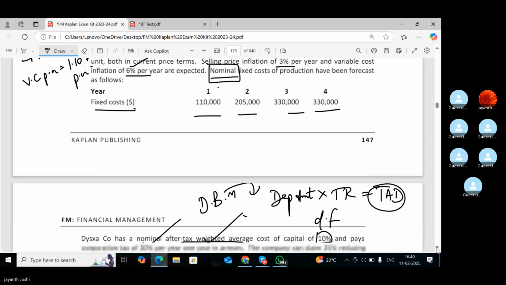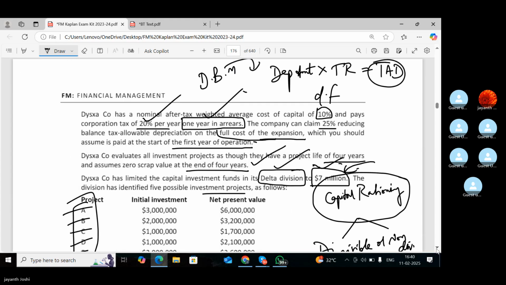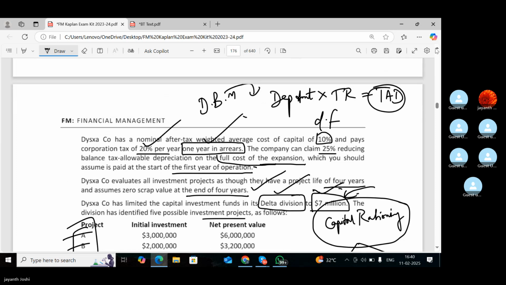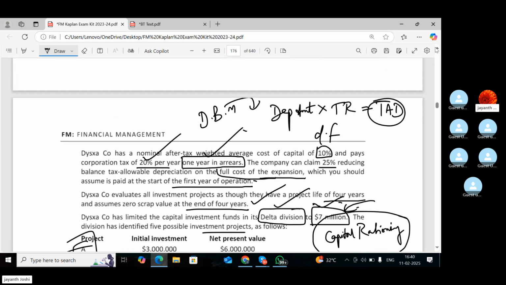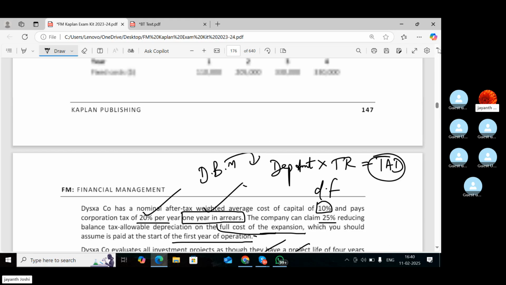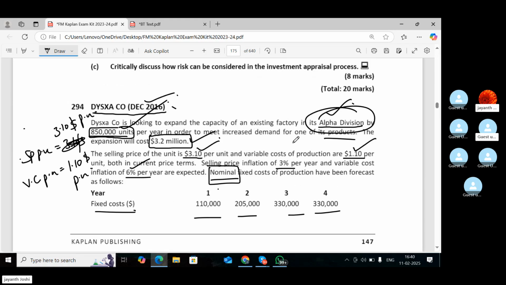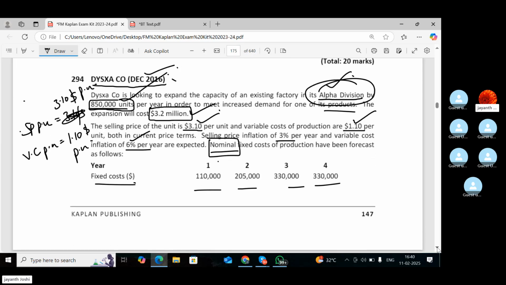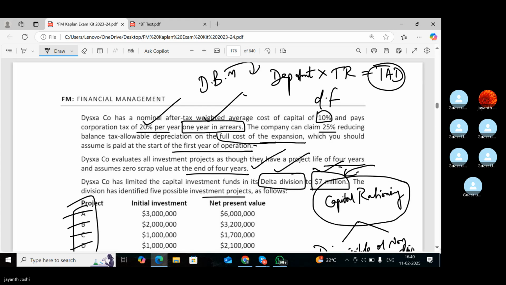Depreciation. First, we will take this. 3.2 million is the expansion, and this is diminishing balance method, I think. And they have given 25% as the rate of depreciation.